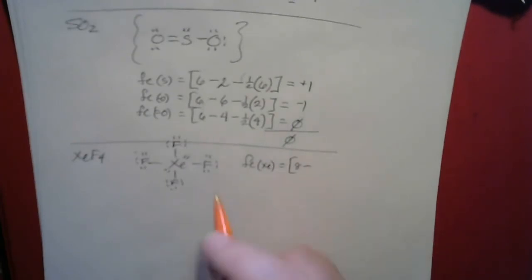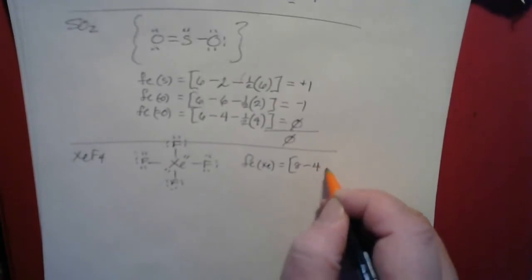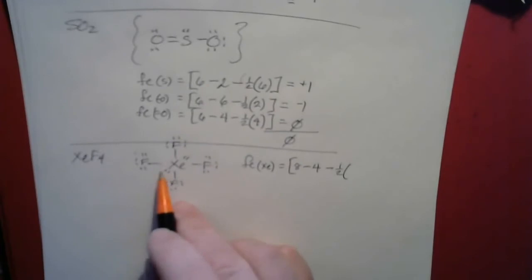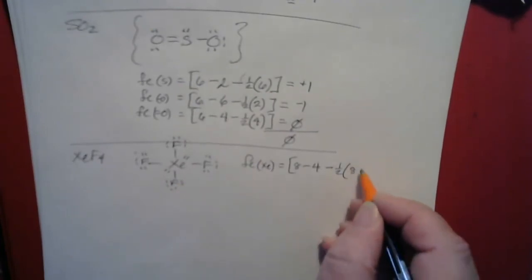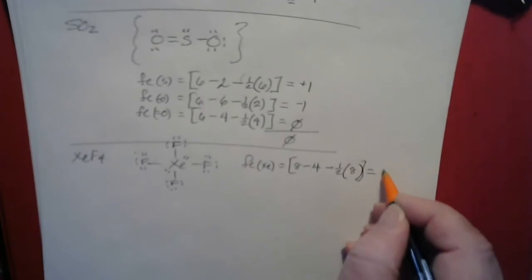It's one of the noble gases, minus the number of lone pair electrons on the xenon, which is 4, minus 1/2 of the bonding electrons on the xenon, which would be 2, 4, 6, 8. 8 minus 4 minus 4 is 0.